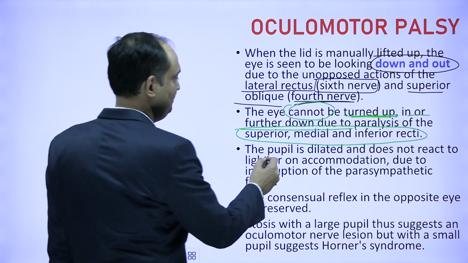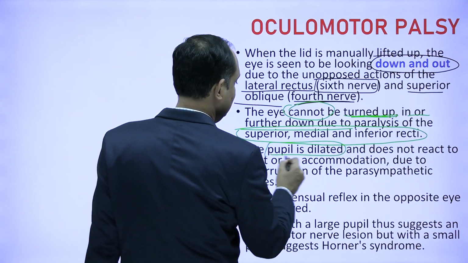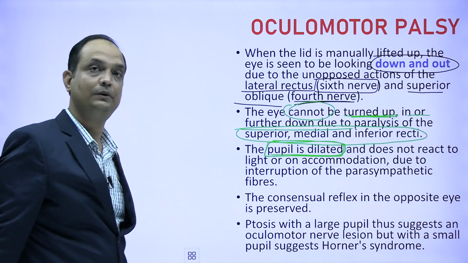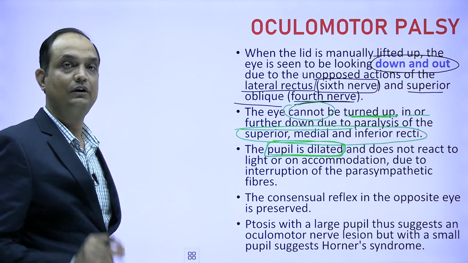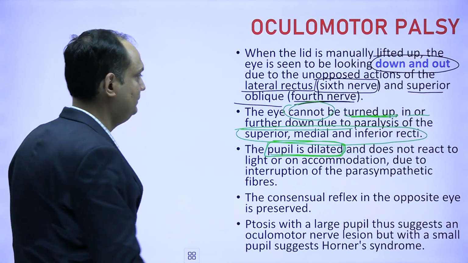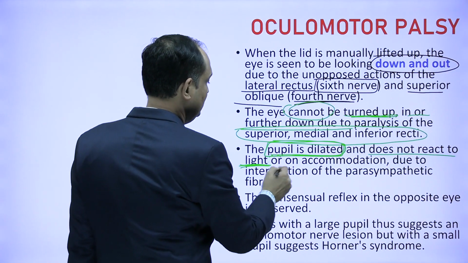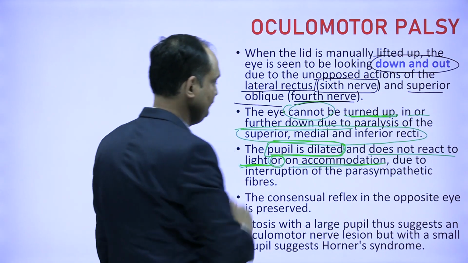That means the pupil remains dilated. There is a loss of the supply of the constrictor or sphincter pupillae, so miosis or constriction of the pupil is not possible. So the patient does not react to light, and there is no accommodation reflex.